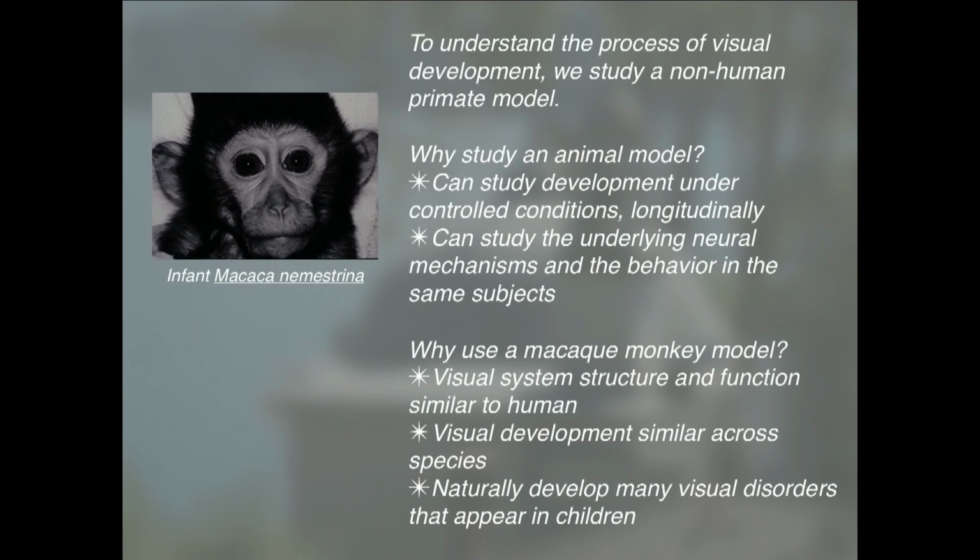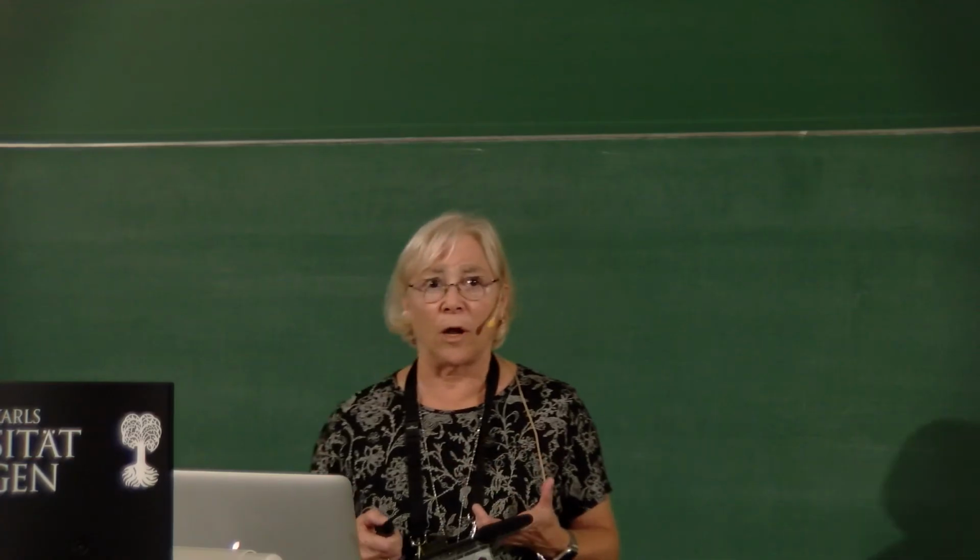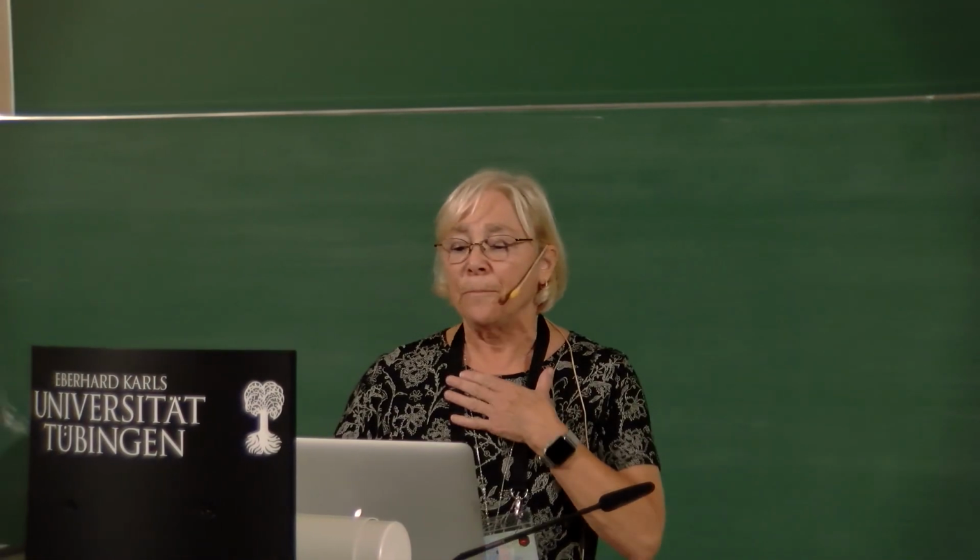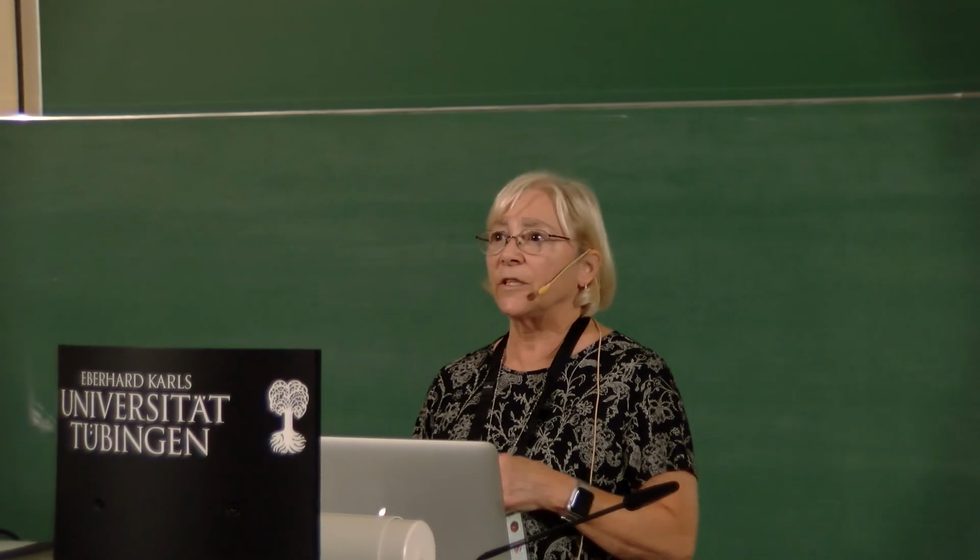So first, I want to say a few words about the animal model. So the animal model I study is the macaque monkey. This is an image of an infant macaque. And you might say, well, why bother? We've got kids everywhere, right? And so the importance of having an animal model in this case is that you can study development under controlled conditions.